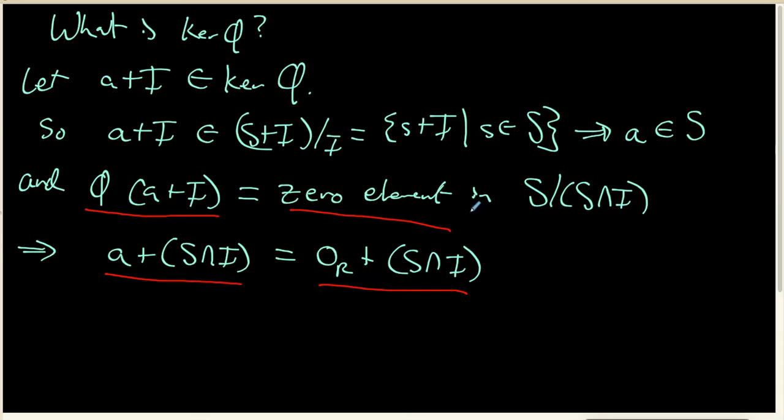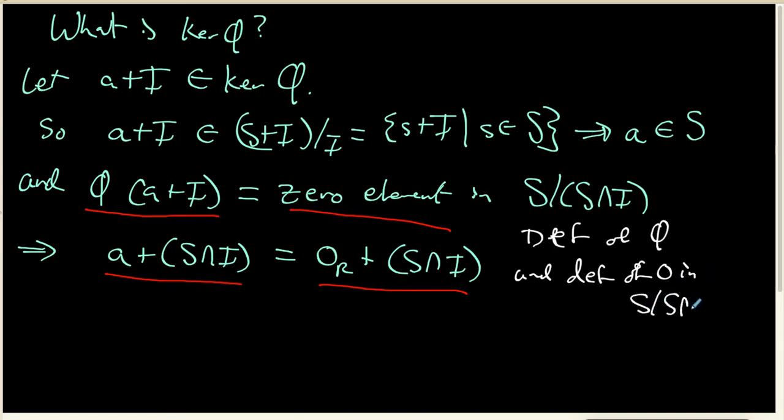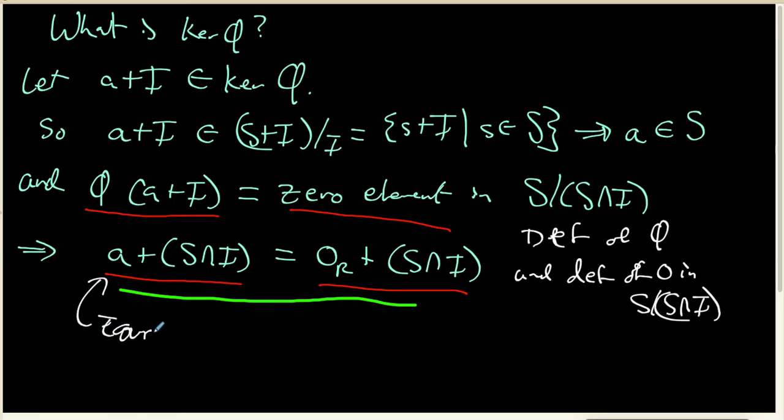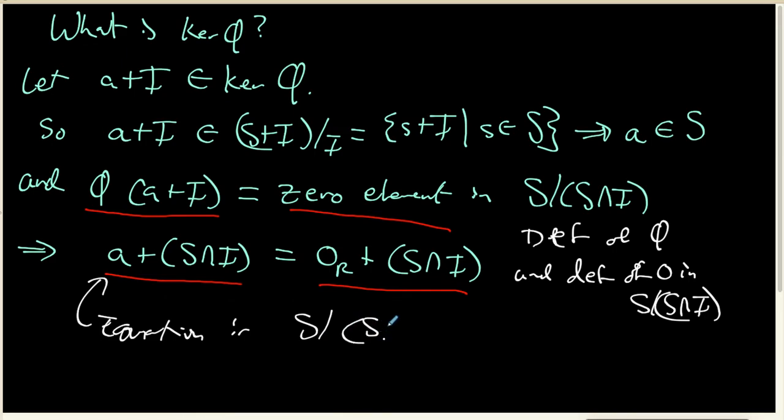So we can go from this step to this step because of the definition of phi and the definition of the zero element inside the target ring S mod S intersect I. But now what we've got is an equation. So this is an equation in the ring S mod S intersect I.